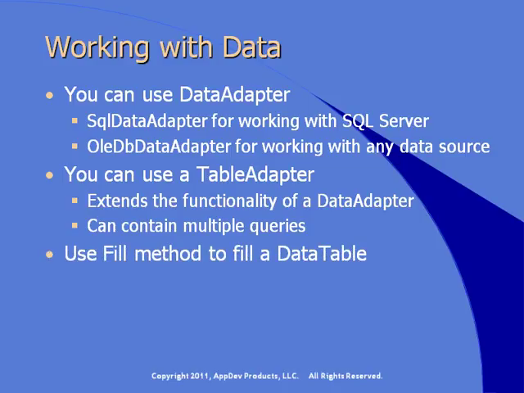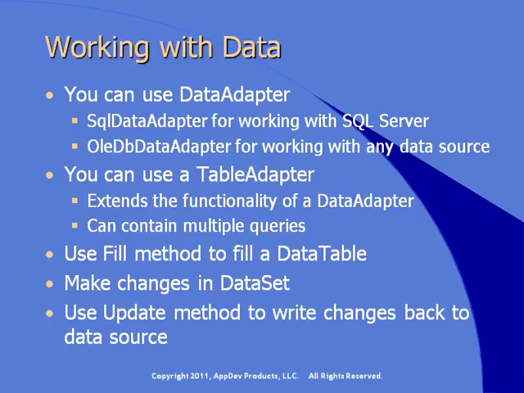Both the data adapter and the table adapter have a Fill method that you can use to retrieve data from the data source and fill a data table. You then make any changes you want in the dataset, that's all in memory, and then to save the changes, you can call the Update method of either the data adapter or the table adapter, and that will write the changes back to the data source. So that's a quick, high-level review of the dataset.